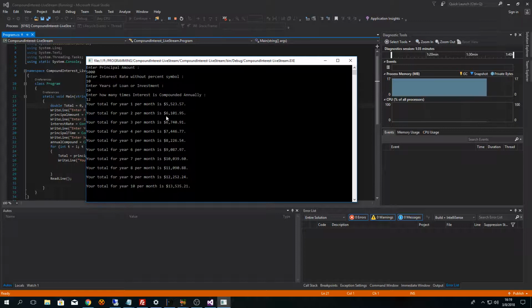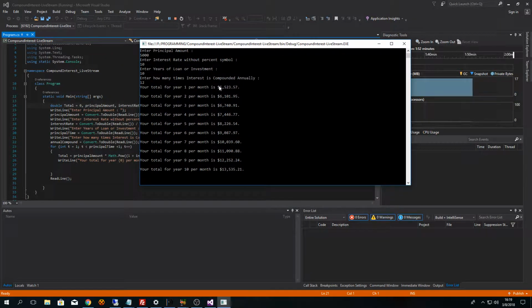For 2 years, you would be paying $6,101.95, all the way up to 10 years, $13,530. I know that's a lot of money to be paying for $5,000, but that's how banks work. So what this is doing is showing you all the calculations for each and every year up to 10 years.